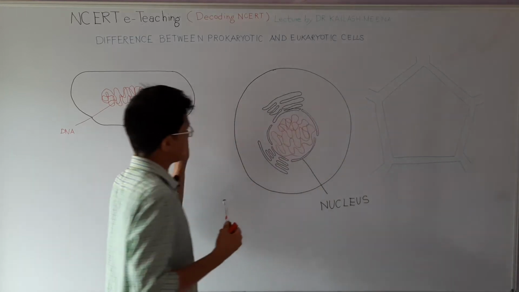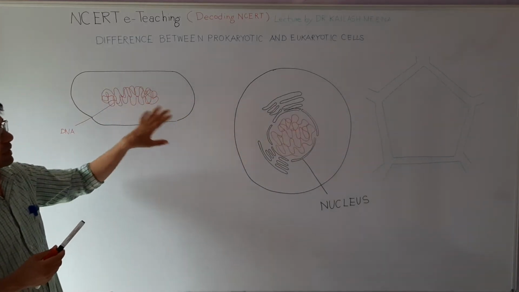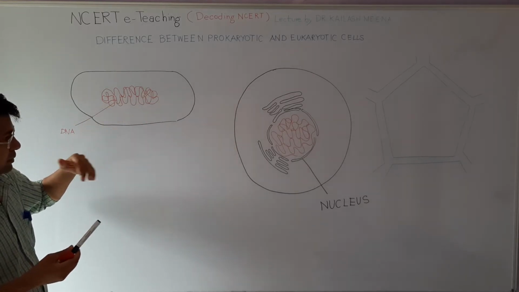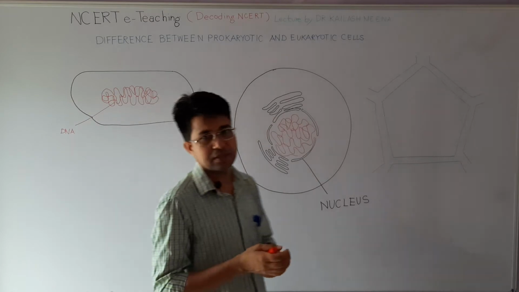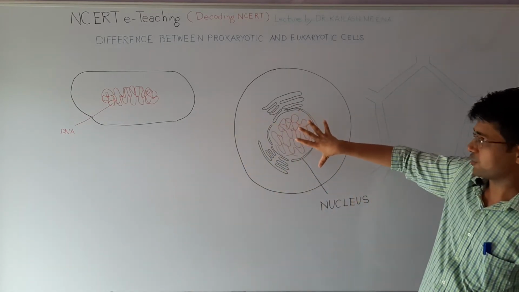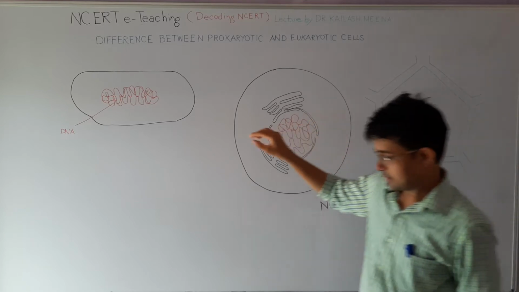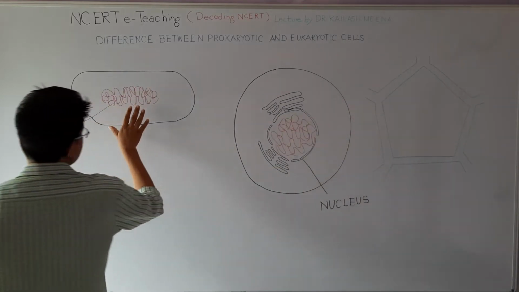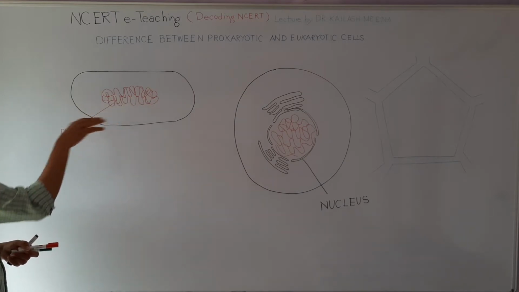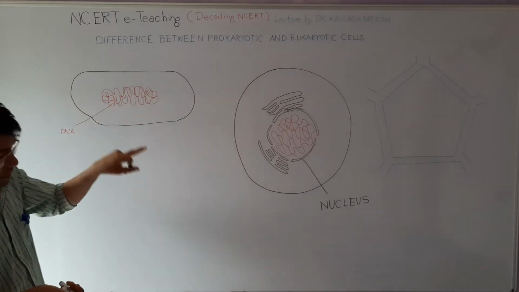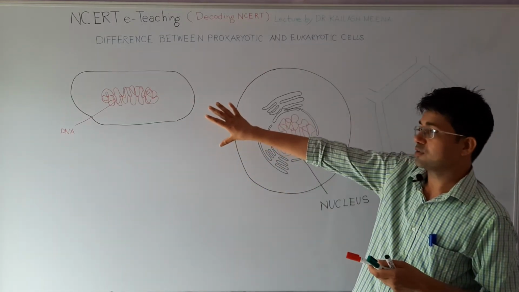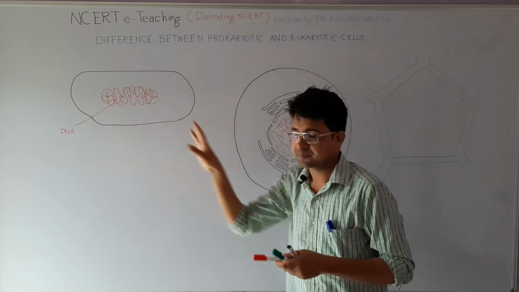So both the prokaryotic cell and the eukaryotic cell have DNA, but the arrangement of DNA is different in both. So we can say this cell has a nucleus, this cell doesn't have any nucleus, but you can easily see that the content is the same in both cells. We cannot say that this cell is lacking DNA, although it does not have membrane bound DNA.